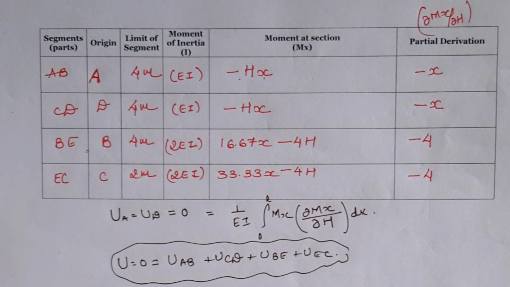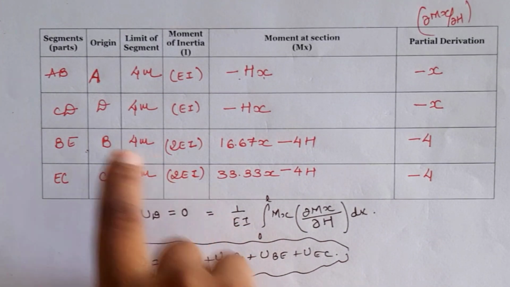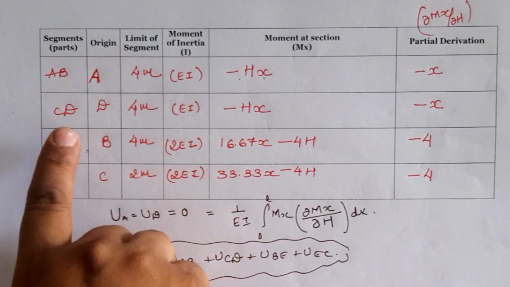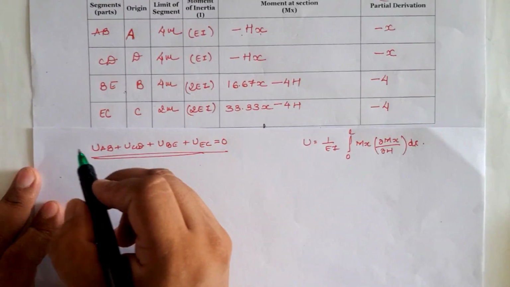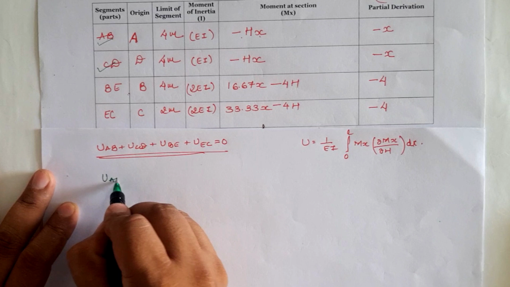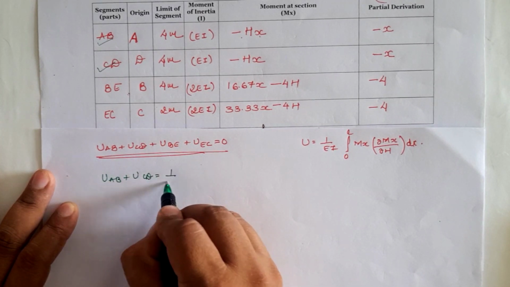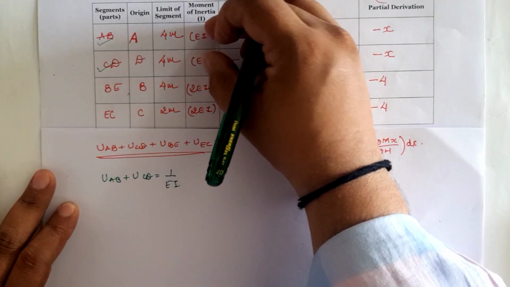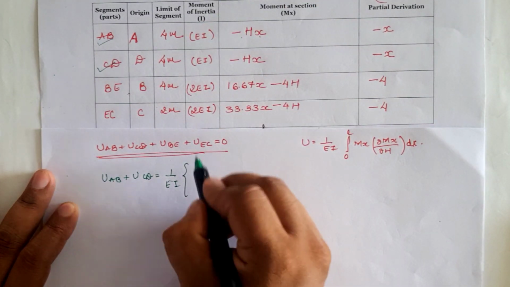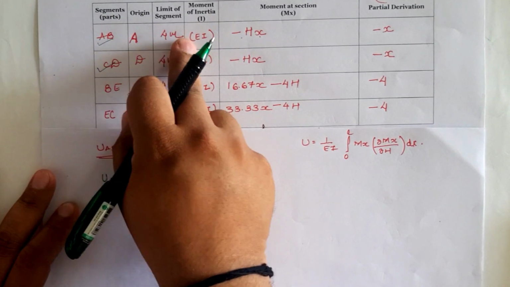Now using this tabular form and the equation of strain energy, first we are going to calculate the strain energy in the AB and CD segments. For AB and CD we have UAB plus UCD as 1 by EI, EI being constant for both terms. The integration limit is 0 to 4 for the A to B segment.